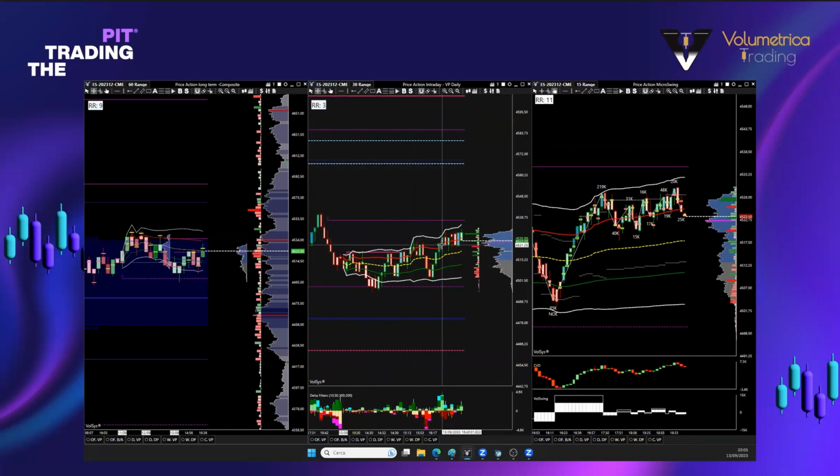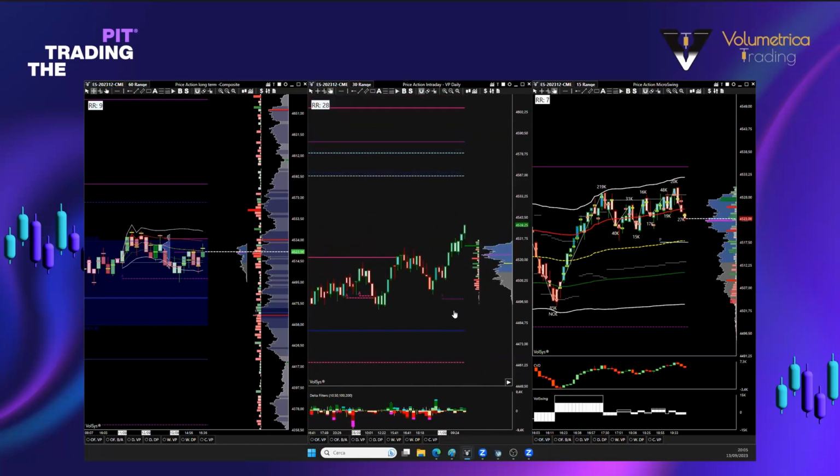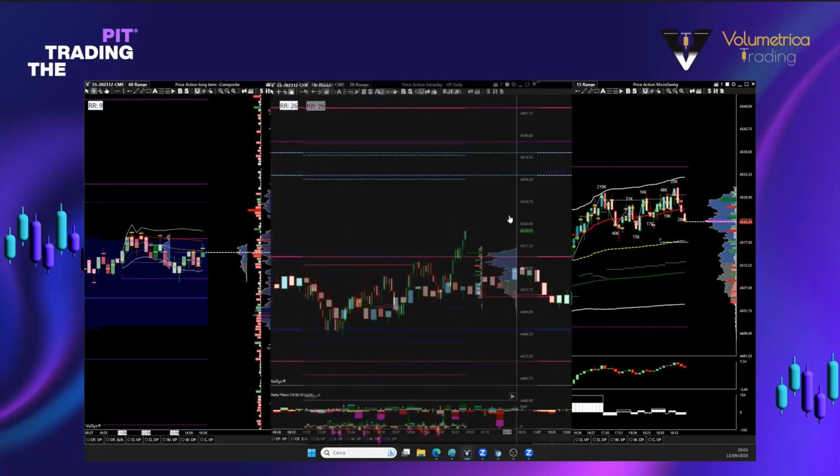So, first of all, as I was introducing the topic, this is what the range chart looks like. Let me just zoom it the right way.